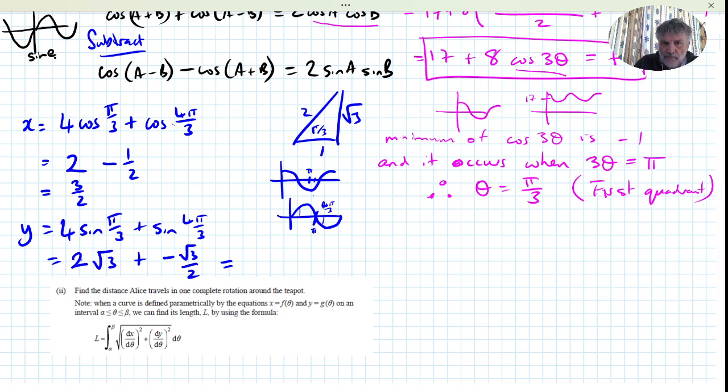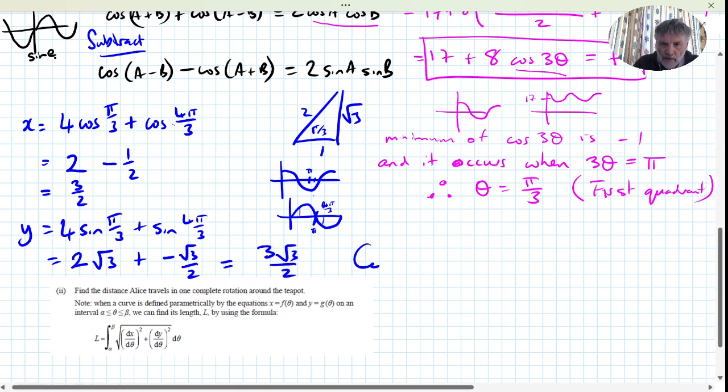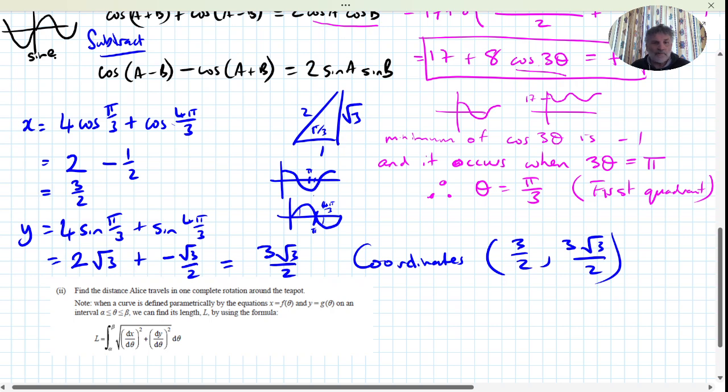So 4 root 3 over 2 minus 1 root 3 over 2 is 3 root 3 over 2, and the coordinates of the point are 3 over 2 and 3 root 3 over 2. Didn't say the exact answer here, so you could convert that to a decimal if you wanted.